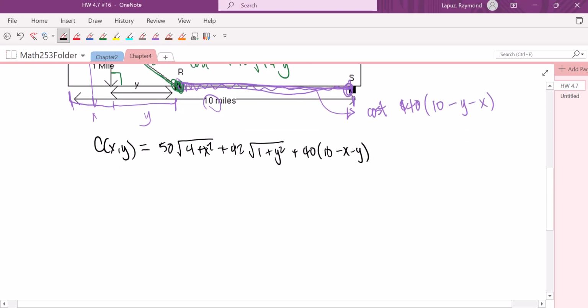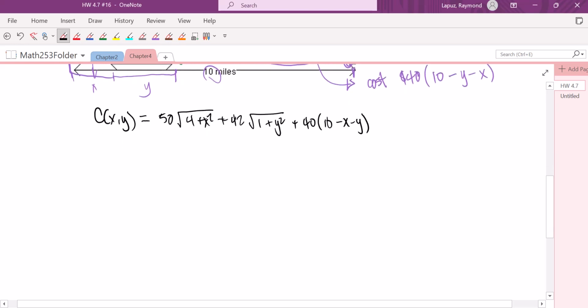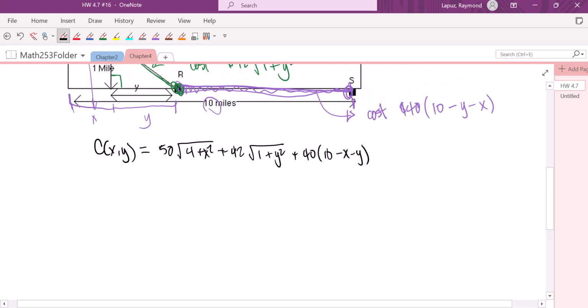We are interested in minimizing the cost, so we will be interested in finding the critical points and making sure that the critical points meet our criteria to be the minimum. Technically, we should have a boundary for this, and it looks like x and y cannot be over 10.